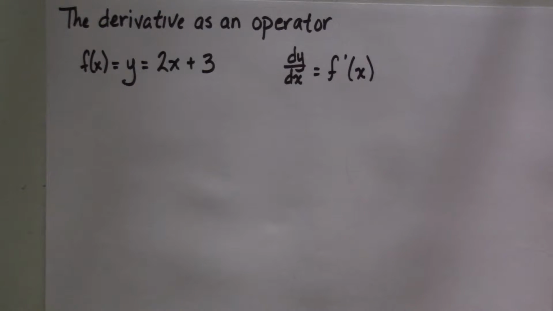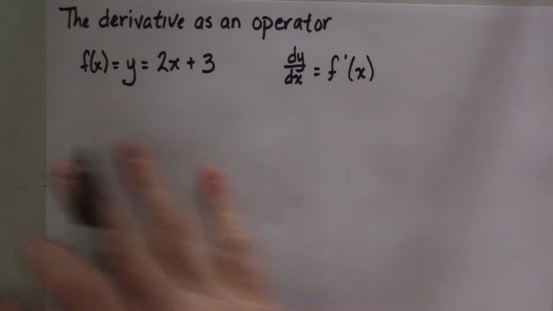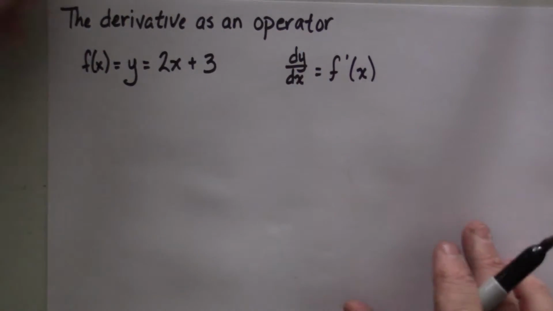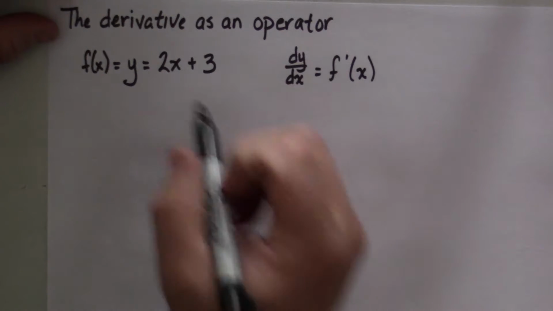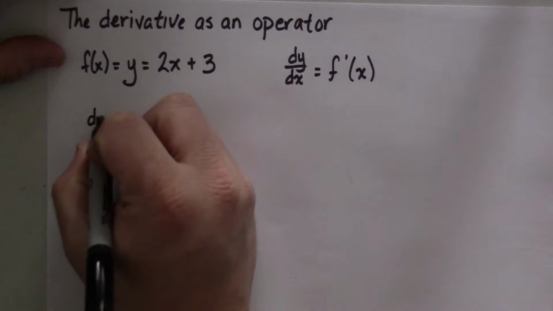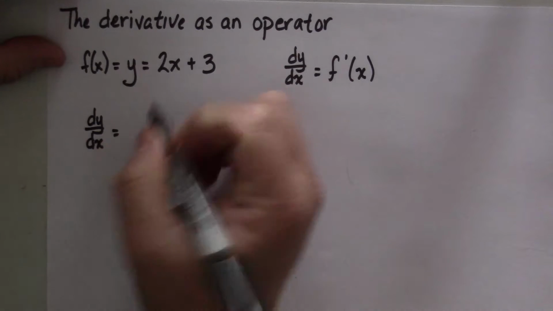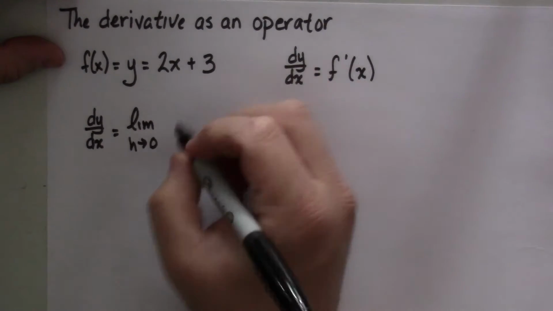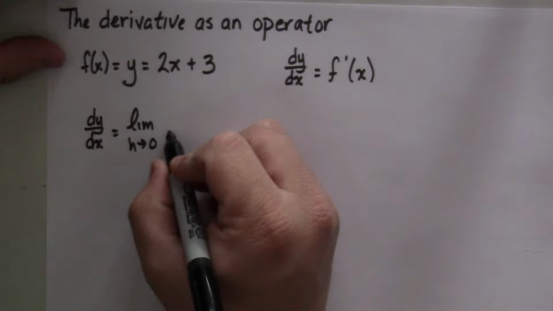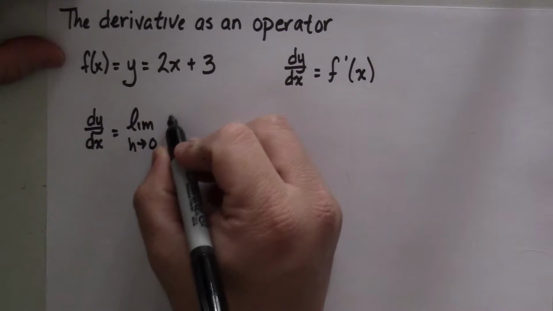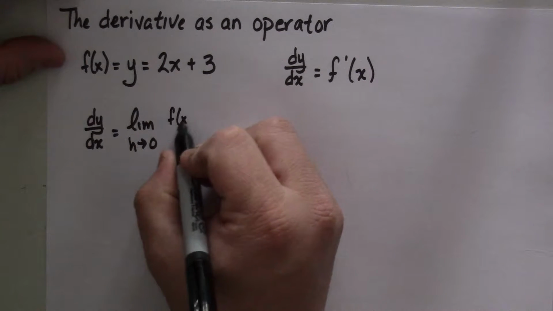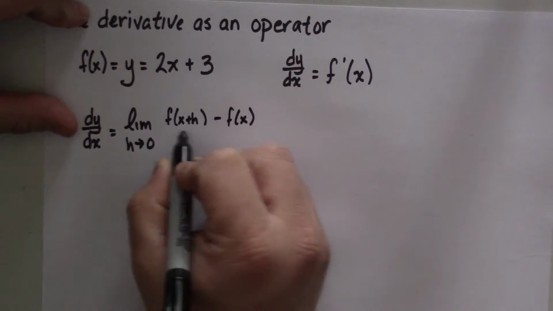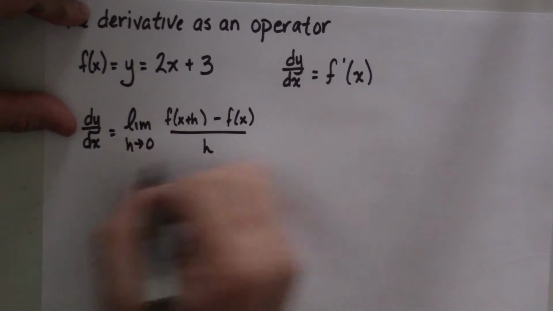And we can do that just by evaluating that with our limit definition like we have before. I'm going to work this one out real quick. So we could say that dy dx is the limit as h goes to 0 of f of x plus h minus f of x over h.